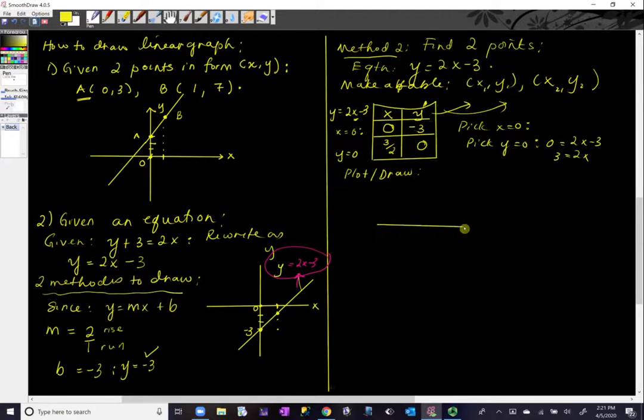So what this means is, now when I plot and draw the graph, again I'm going to have the x-axis and the y-axis, which is absolutely not straight here. Let's make it straight. Okay, x-axis and y-axis and 0. So my first point is (0, negative 3), so 0 going down 1, 2, 3, negative 3.